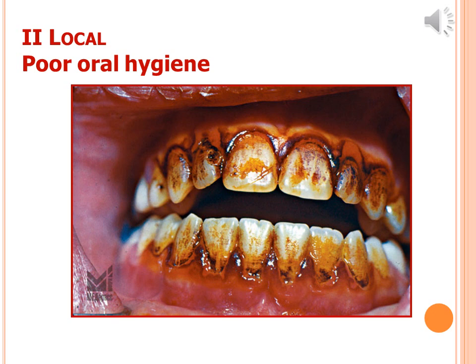It is a transparent film that can be supragingival, coronal to the gingival margin on the clinical crown of the tooth, and subgingival, apical to the margin of the gingiva. Dental plaque consists of microorganisms, and microorganisms are the etiological risk factor of caries. So, dental plaque is the general local risk factor of caries.